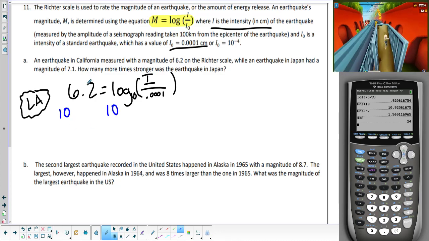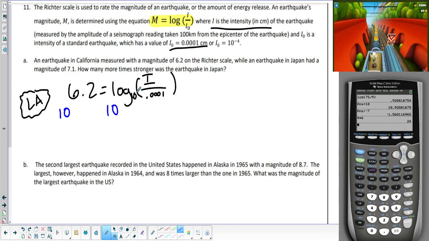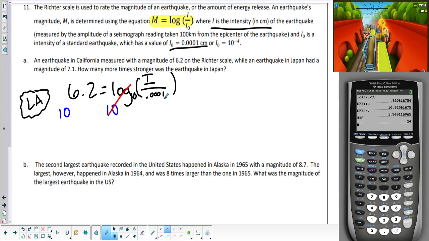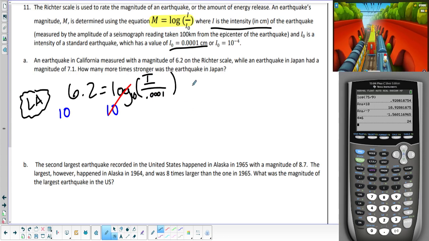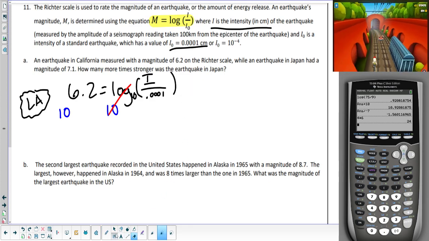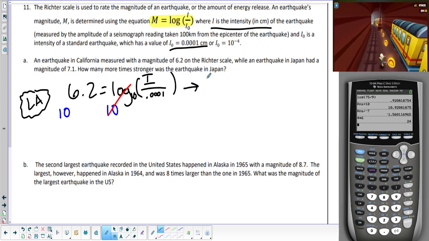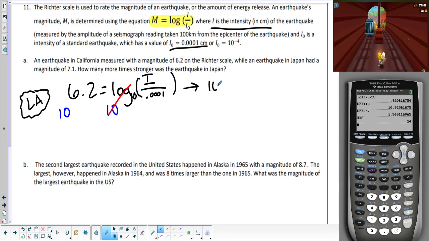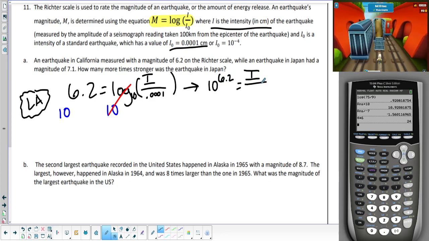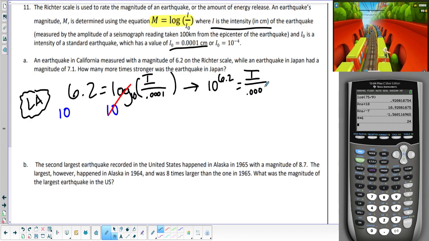So it's going to be 10 to the 6.2 power equals, this will all cancel, I over 0.0001. It'll become 10 to the power of 6.2 equals I over 0.0001.